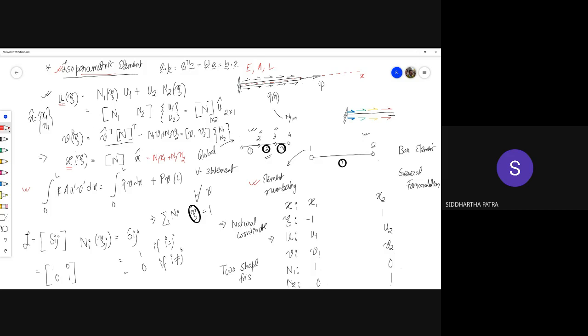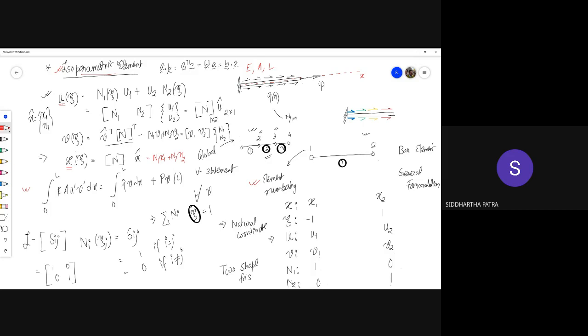And we would see examples where that would not be true, but mostly we would go with isoparametric elements, where the coordinate and the displacement are mapped with the same parametric form or same set of shape functions.